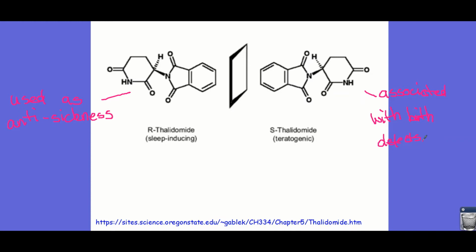Now, this drug was sold as a mixture of both the R and the S enantiomers. So while the presence of the R enantiomer provided that anti-sickness relief for women, the S enantiomer at the same time was causing quite severe birth defects in babies that were born.